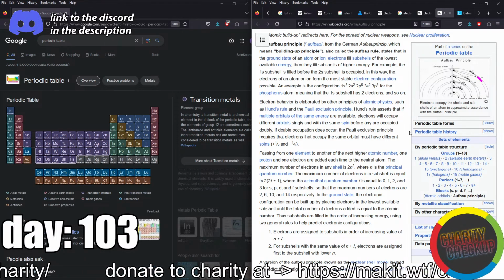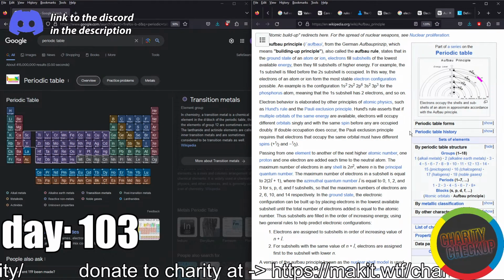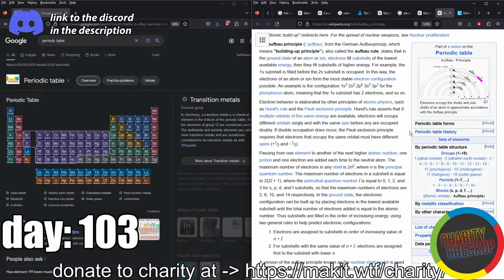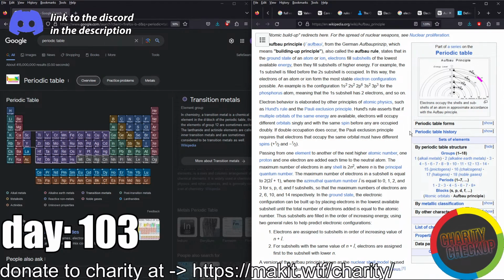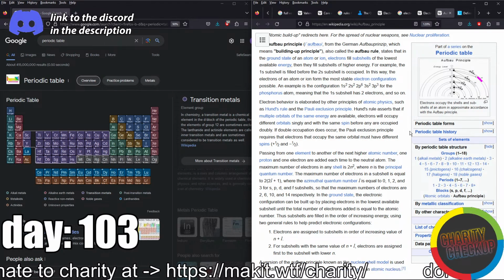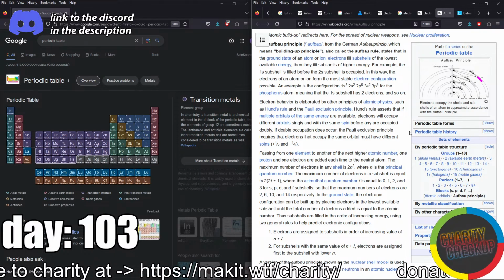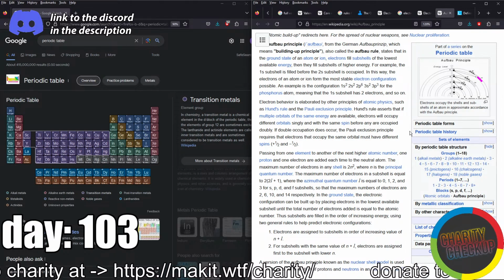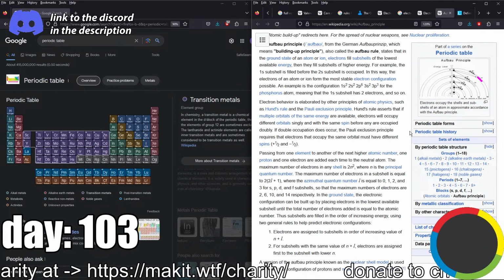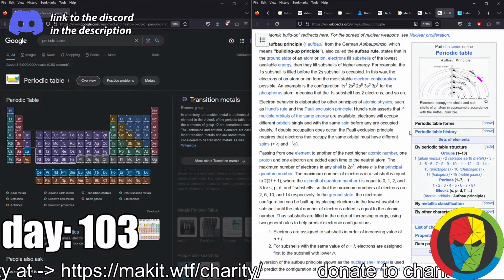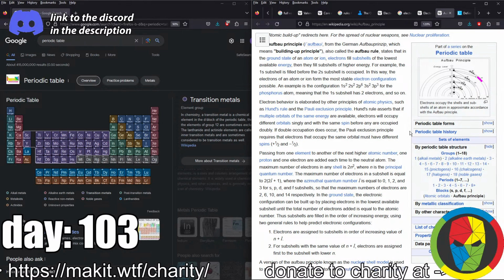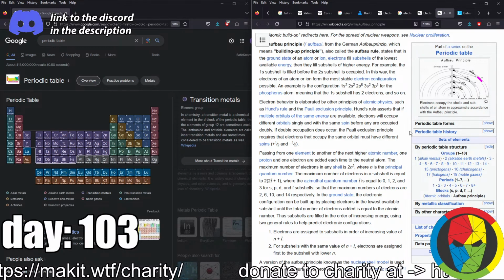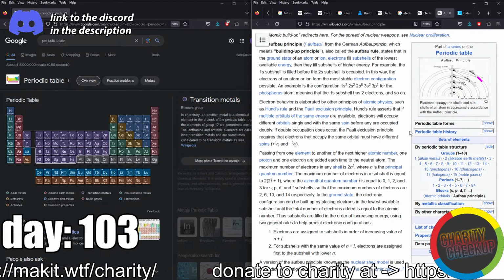The 1s subshell is filled before the 2s subshell is occupied. Yep. Electrons of an atom form the most stable electron configuration. Example is the configuration 1s2, 2s2, 2p6, 3s2, 3p3, the phosphorus atom. Okay. Yep.